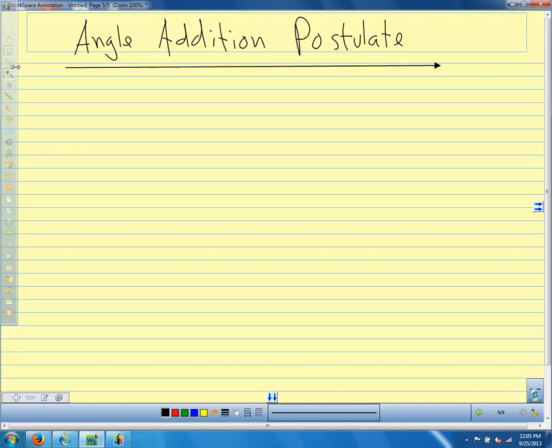Can you help us out, Lydia? Postulate? Something that we accept as true without proof. So this is our postulate about angles that we're going to accept as true without proof.